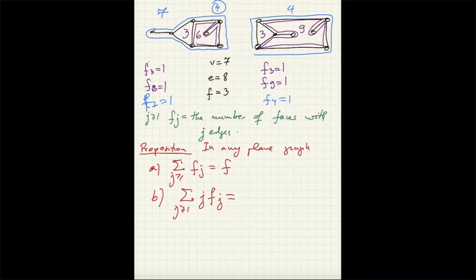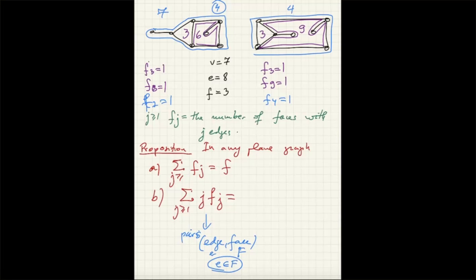So essentially here, we're counting pairs of the form edge, face, for that edge E being contained in that face F. So E is contained in the face F. And so that's the number, but you can count it the other way around.